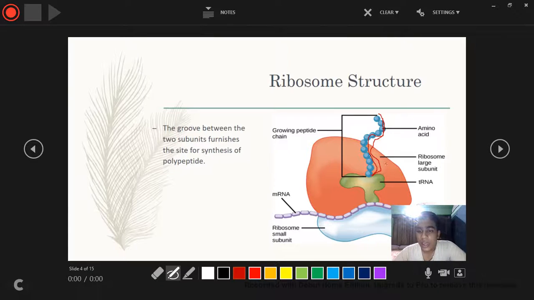Ribosome structure is only like this. This is the large subunit. In my figure it has become smaller. Let us make it big.